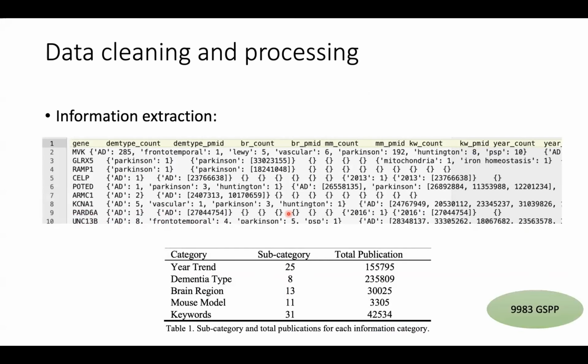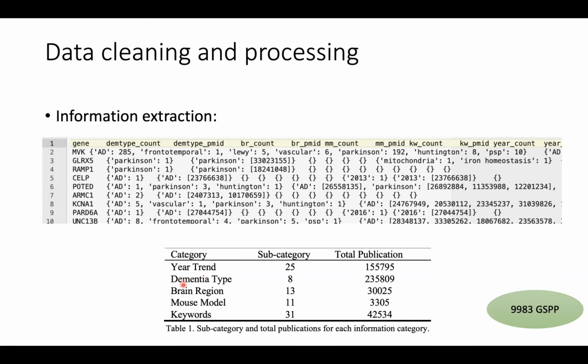With the data set, the next step is data processing. We try to extract useful information for AD researchers to look at. We have some categories here. The year is very straightforward from our initial data, because we have the publication year for each publication.